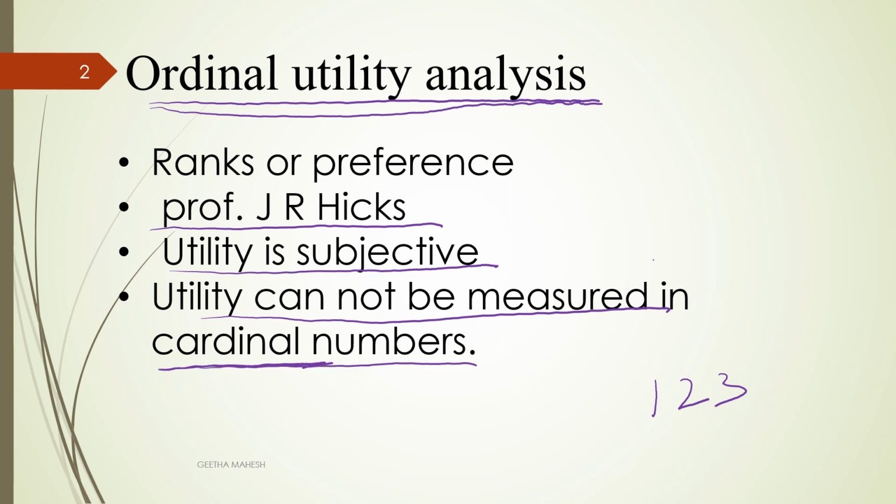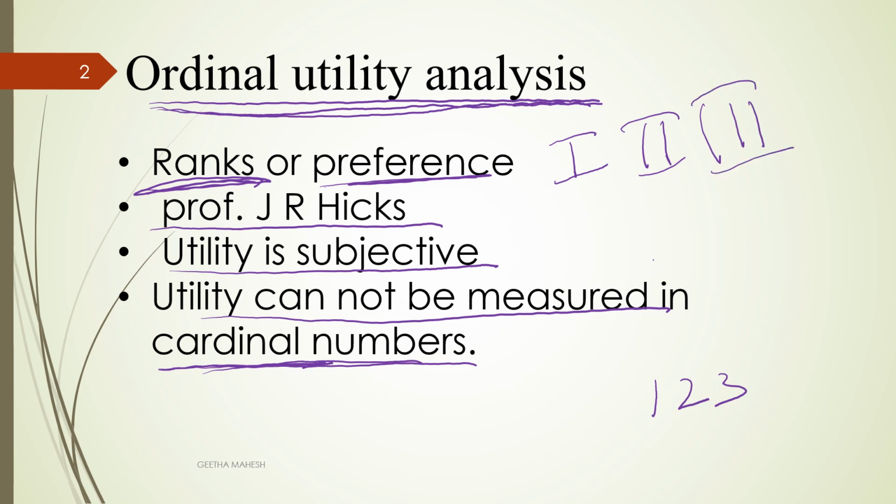After criticizing cardinal utility analysis, he developed ordinal utility analysis, where utility can be compared but it cannot be measured, and it can be compared on the basis of taste and preference of the consumer by assigning ranks or preferences like first preference, second preference, third preference, etc.